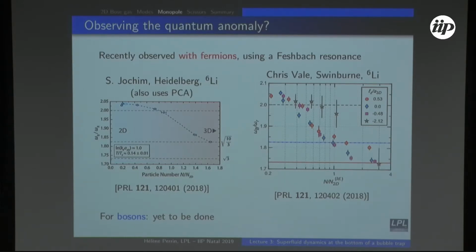It scales just with the root of the trapping frequency, whereas they have a Feshbach resonance, so they can really go to larger values of G tilde and a shift which is much larger than our very, very small shift. If we had a 4% shift, you would see it. We had 0.0-something percent, so it was too small. But for bosons it has not been observed yet, only for fermions.